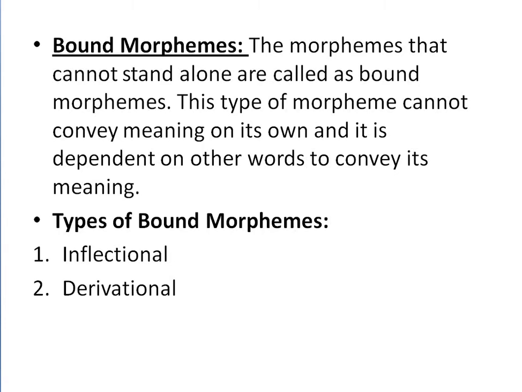So teacher is a noun. So from verb to noun, how have we made it? By addition of an er bound morpheme. Which type of bound morpheme? That is derivational. So from the class of verb we have changed the grammatical category of the word, that is the noun teacher.